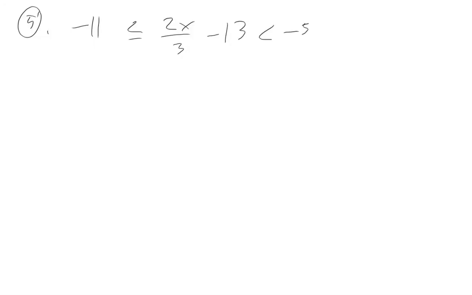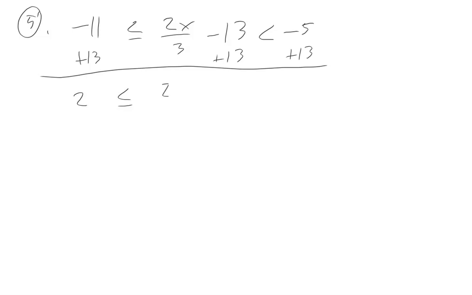So my first step is going to be to add 13 to all three sides of this problem. On this problem, there's actually 3 different sides. So there we go. We'll have 2 less than or equal to 2x over 3, less than -5 plus 13 would be +8.